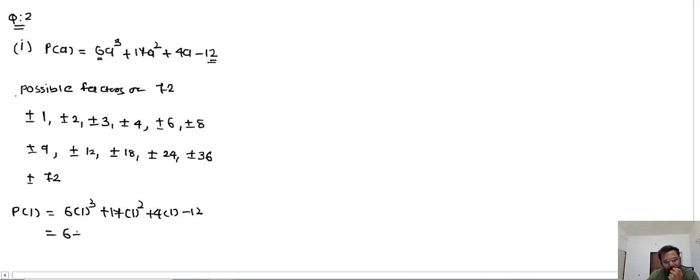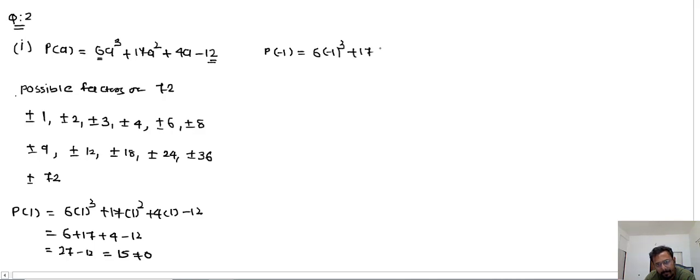Now take a equal to minus 1, so p of minus 1. Let's take it. Minus 1 cube is minus, so minus 6 plus 17 minus 4 minus 12. So it is 17 minus 22, which is also not equal to 0. So we can say that a plus 1 is also not a factor.